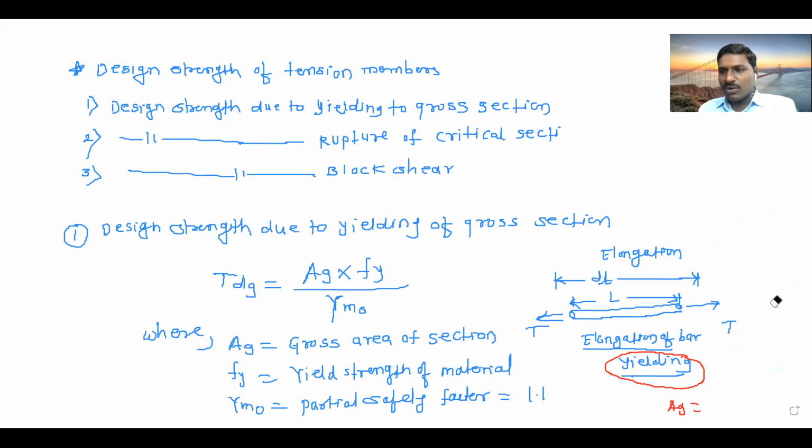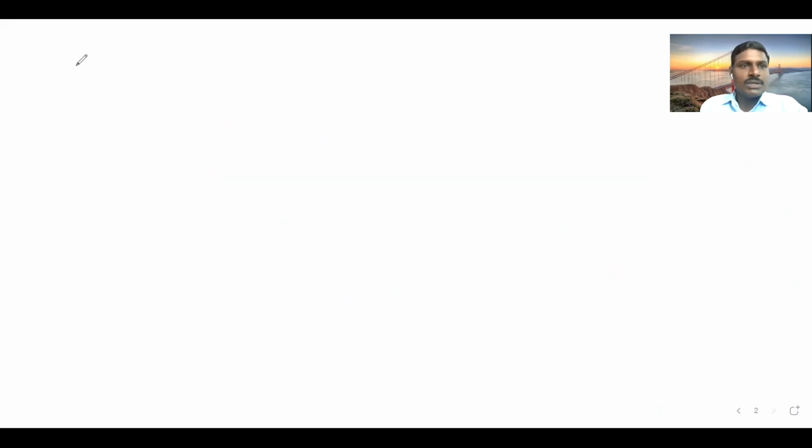Okay, so now this is the strength due to yielding of cross section. So now the next strength.